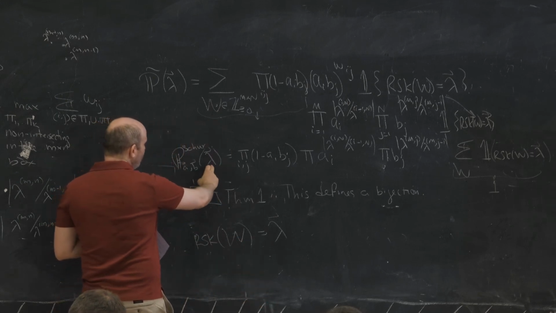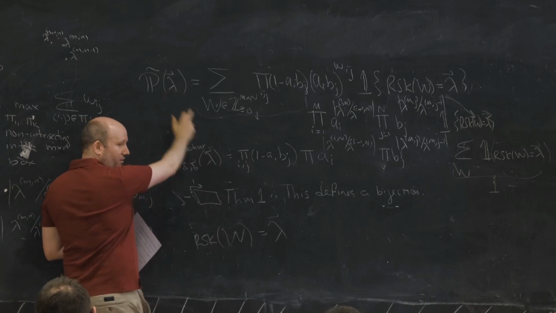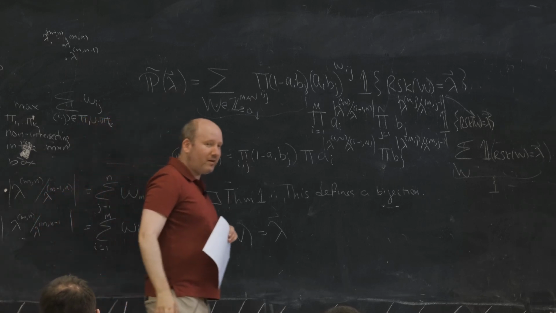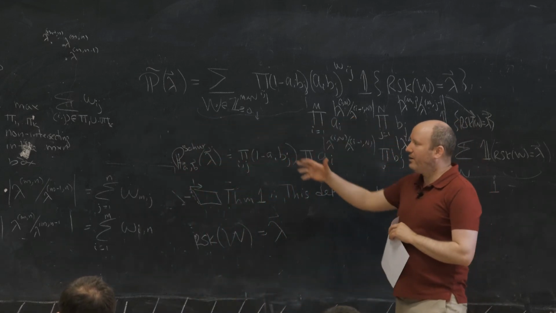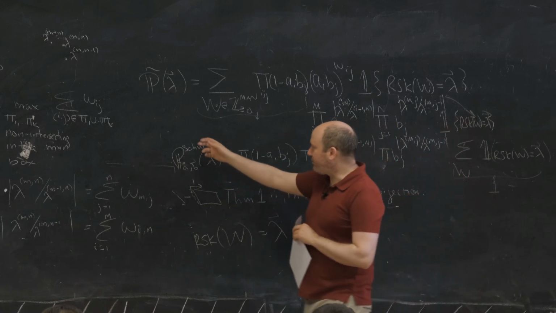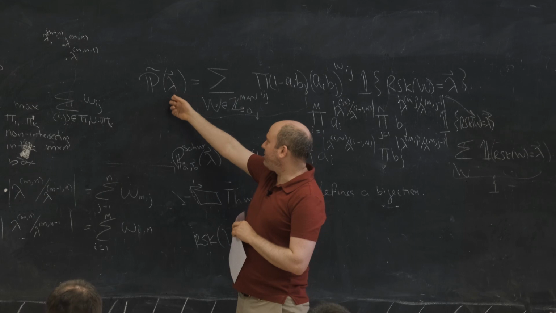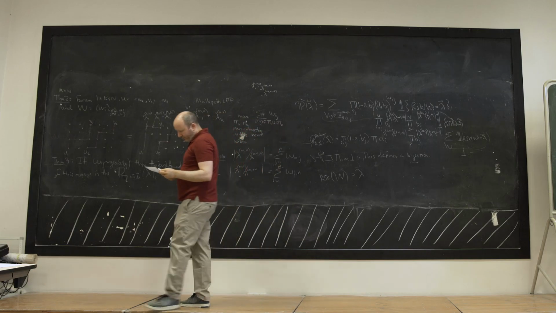I've assumed here that lambda satisfies this interlacing property. But the interlacing property is really forced upon me, because this is what RSK pushes forward onto. So one needs to check that this is only a bijection onto these interlacing partitions.